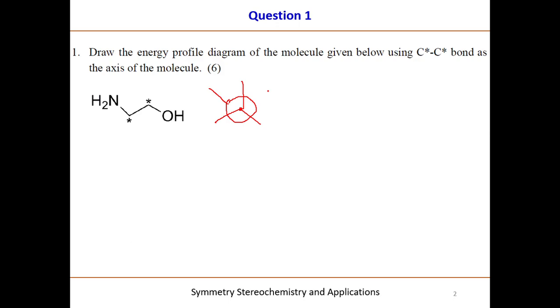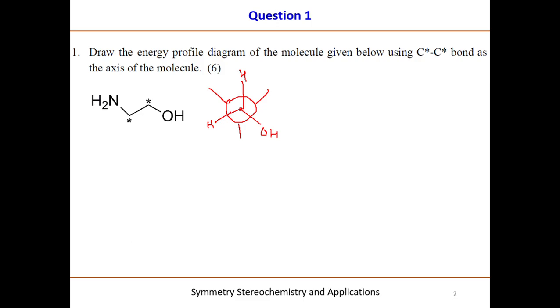I am drawing here the staggered form of the Newman projection. By considering here the OH group, hydroxy group, these two are hydrogen atoms. You can draw by yourself also for your practice.